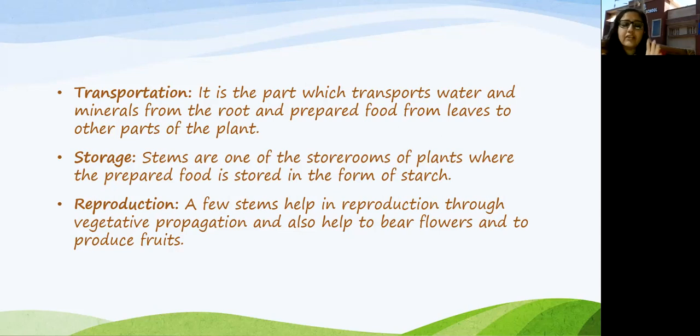So similarly, here also what plants do is the extra food, the excess food which is not used by the plant and plant parts, that excess food is stored in the stem of the plant in the form of starch. ठीक है, किस फॉर्म में होता है? स्टार्च के फॉर्म में वो वहां पे स्टोर होता है. So this is how these stems, they act as the storeroom of plants.